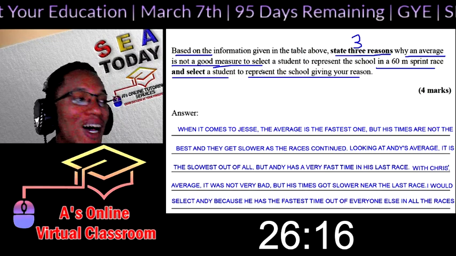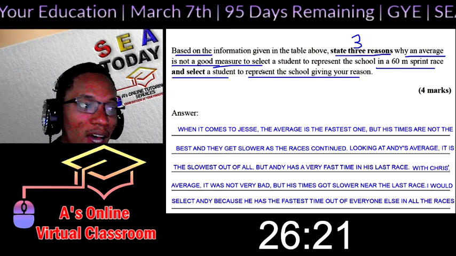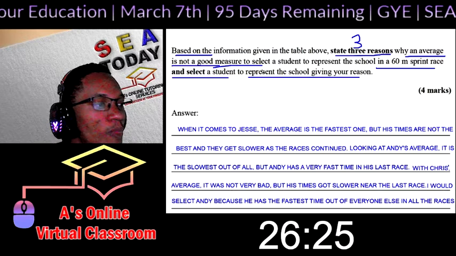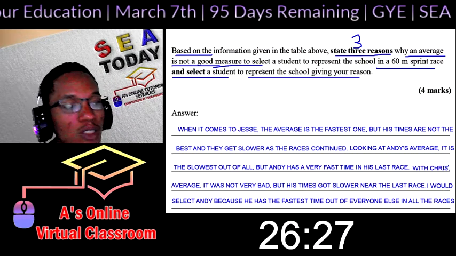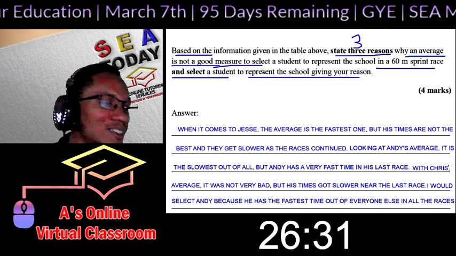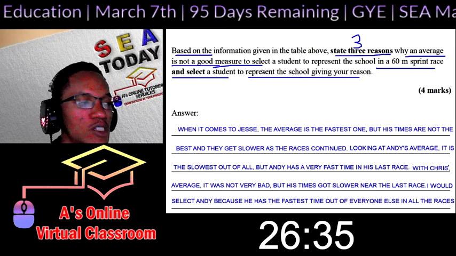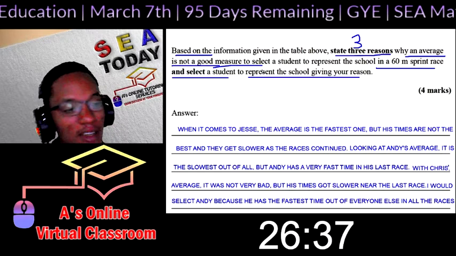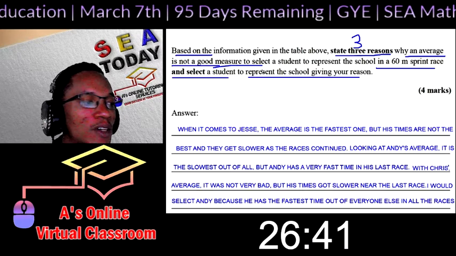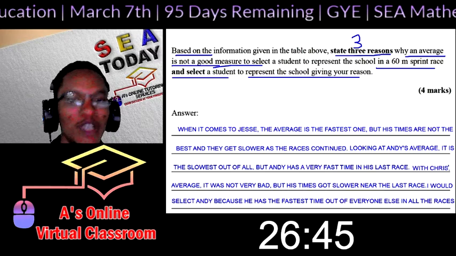Now looking at Andy's average, it is the slowest out of all, but Andy has a very fast time in his last race. With Chris's average, it was not very bad, it was kind of average, but his times got slower near the last race. And I would select Andy because he has the fastest time out of everyone else in all the races.